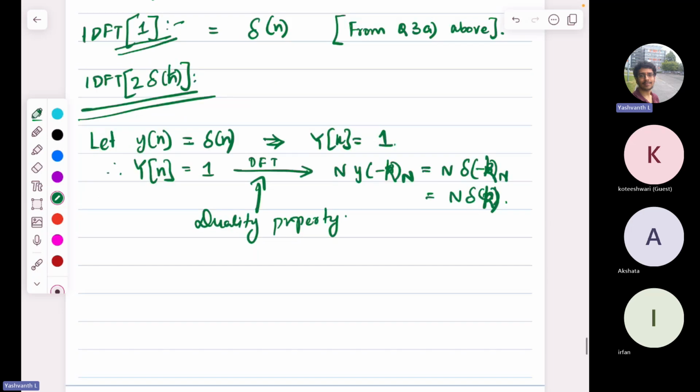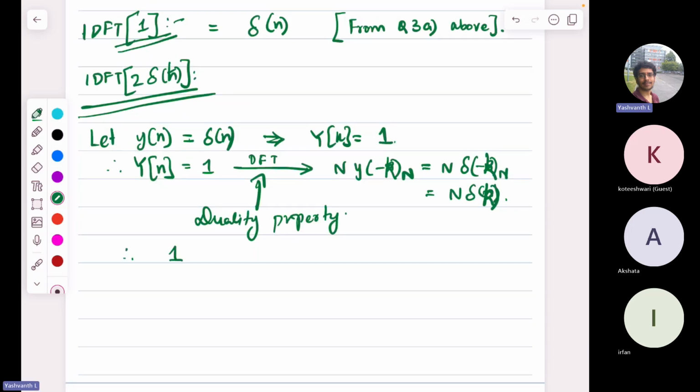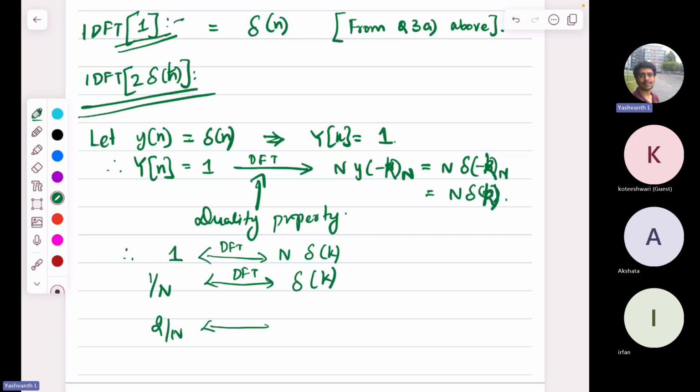So 1 has DFT N into delta of k, or in other words, 1 by capital N will have the DFT delta of k, or in other words, 2 by N will have the DFT 2 delta of k.